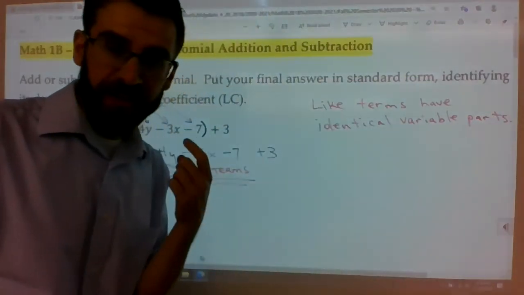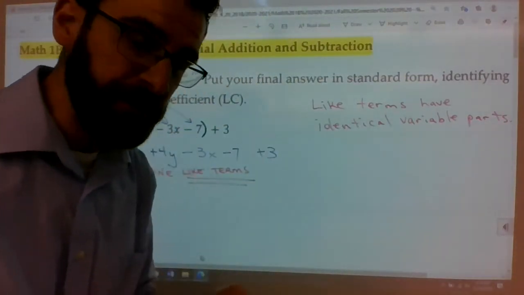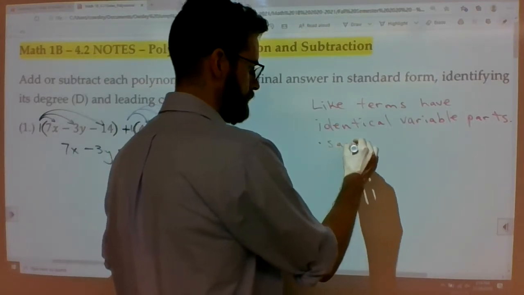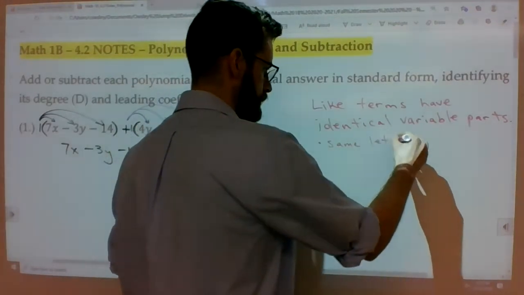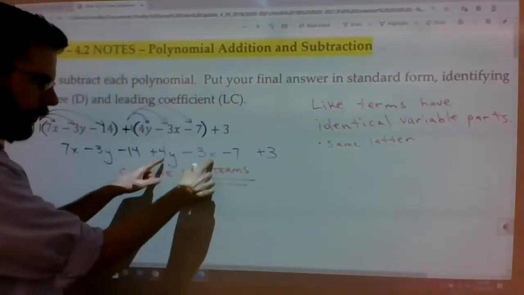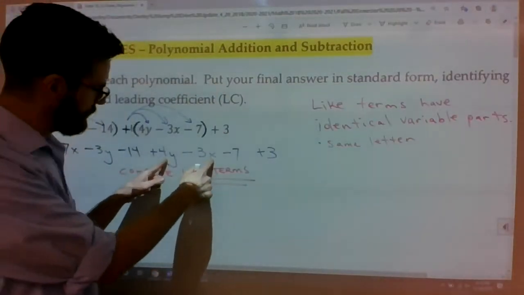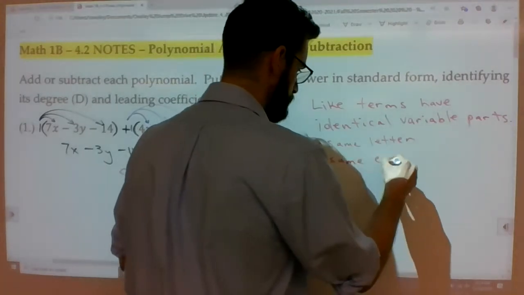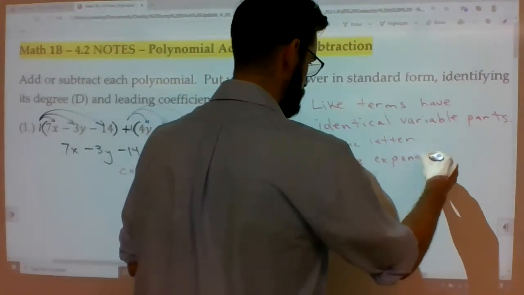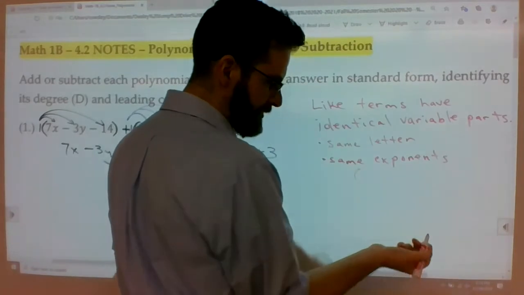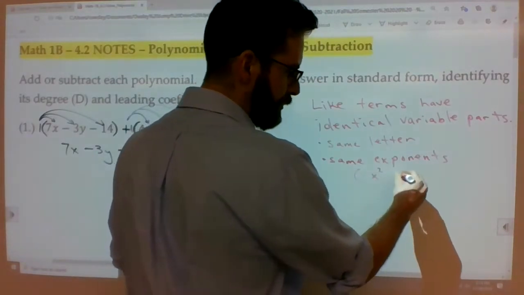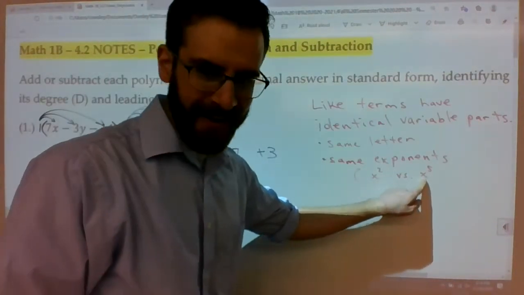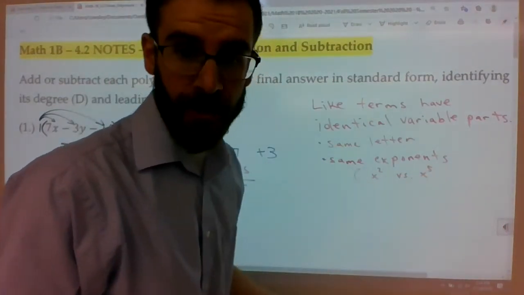So that means they share the same letter and the same exponent. So x and y, those are not like terms. And then if you thought about something like x squared versus x to the 5th, same variables, but not the same exponents. So they are not like terms either.